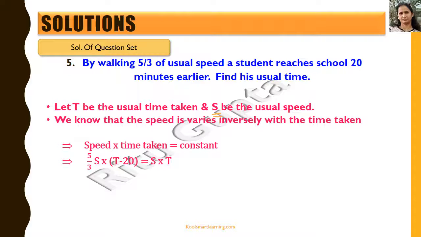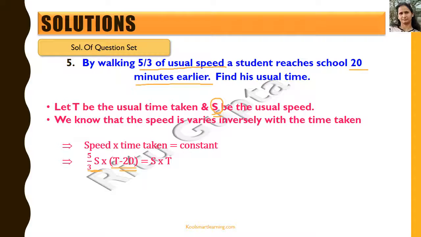So we can say now that the child is walking at 5/3 of the usual speed. So we say 5/3 of the s, where s was the usual speed, multiplied by t minus 20 because he reaches the school 20 minutes earlier. So t minus 20 is the time that he takes with this speed.